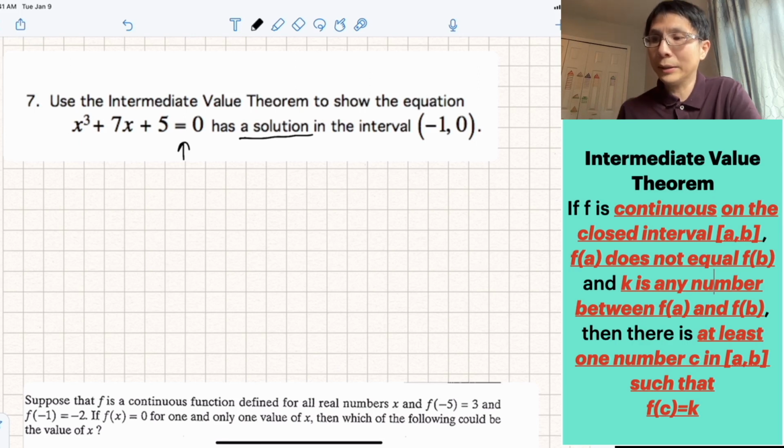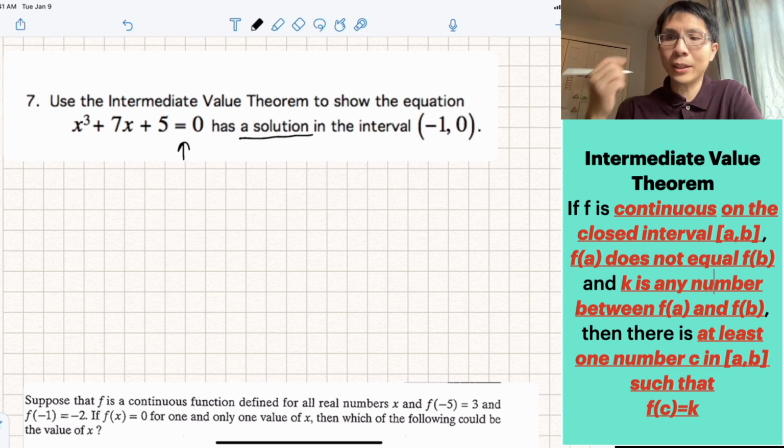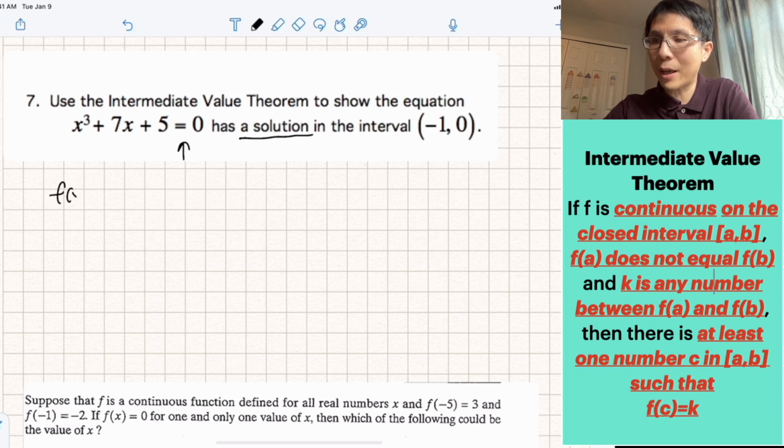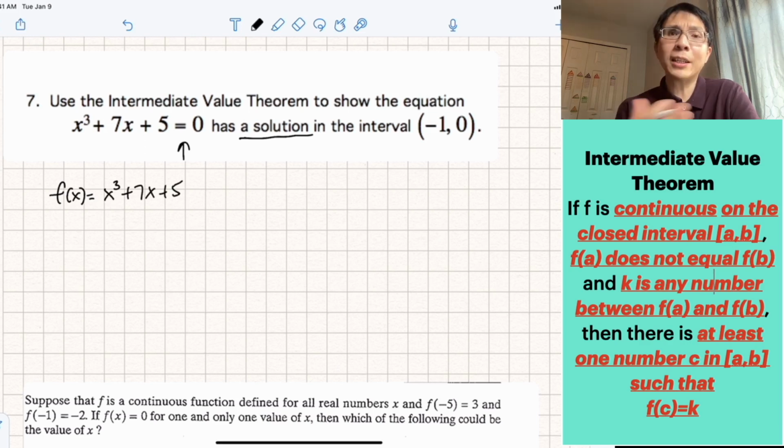So then, how do we use the intermediate value theorem? We express this as a function. We say f of x equals x cubed plus 7x plus 5. Now we have to establish this is a continuous function. How would I express this as a continuous function? A very easy way is that this is actually a polynomial.